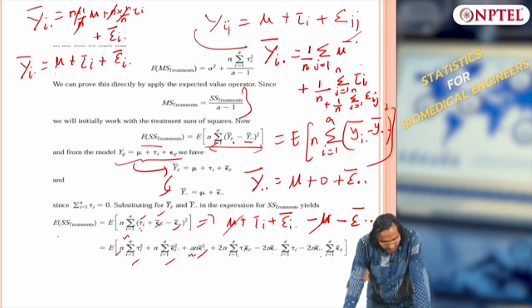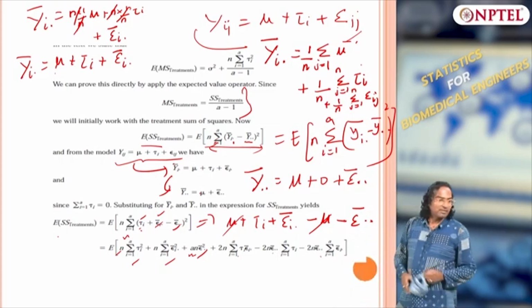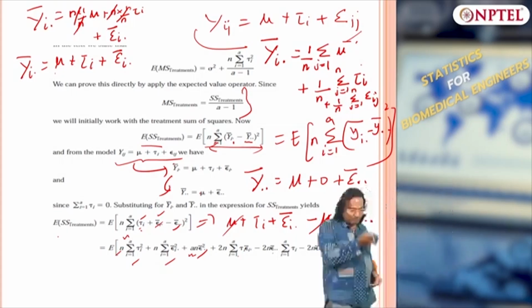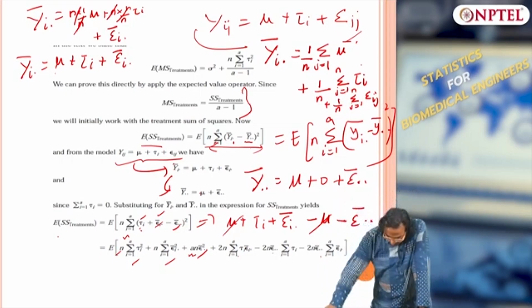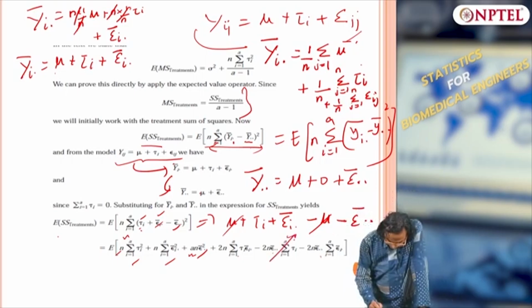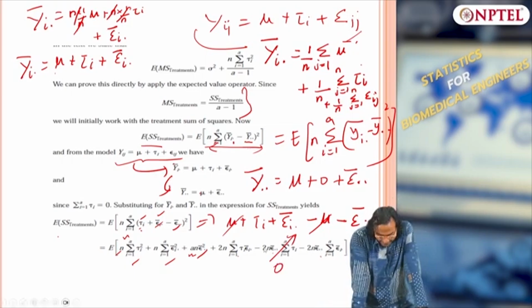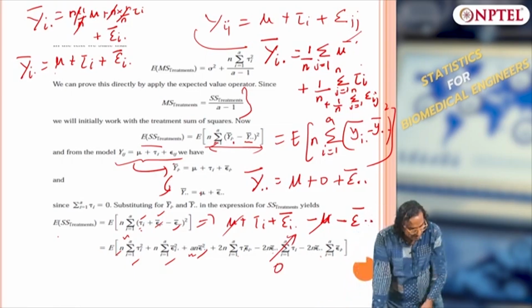Now what cross terms will go to 0, is there any terms which will go to 0? Sigma tau I will go to 0, yes, this term goes to 0, then anything else?